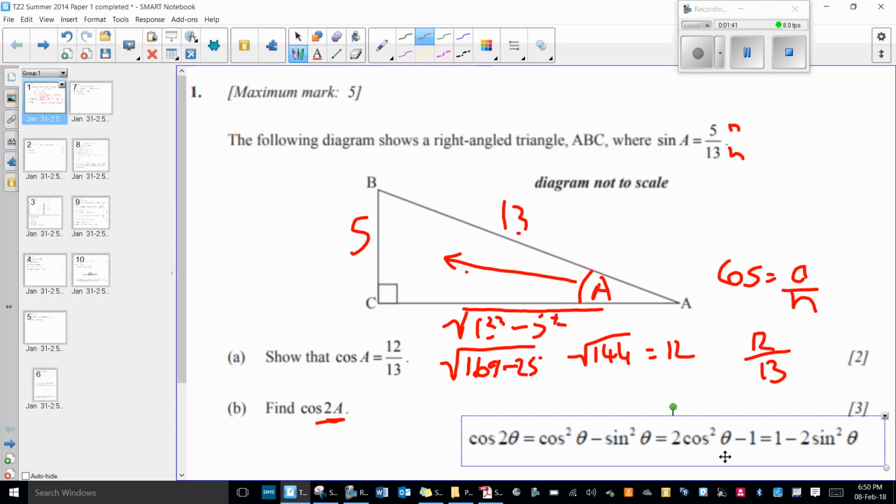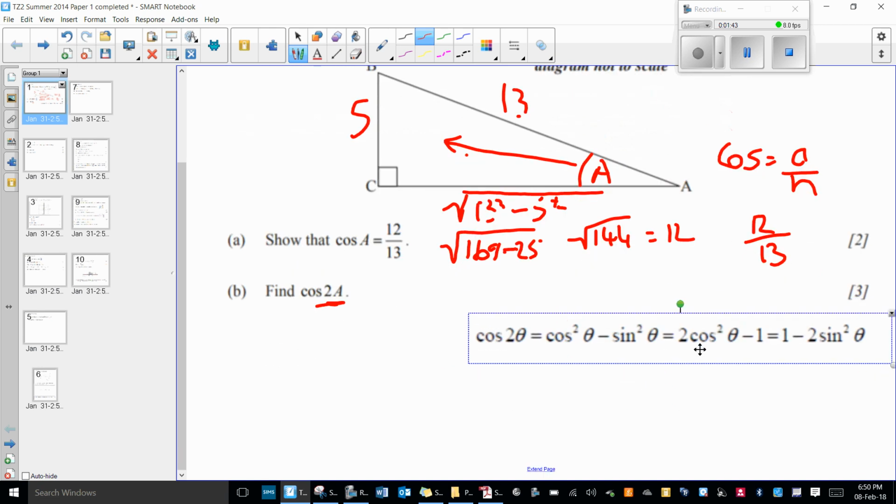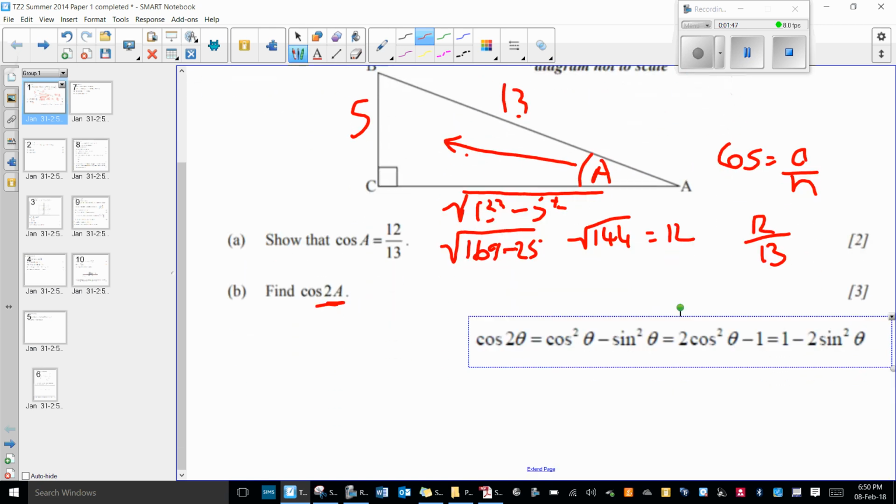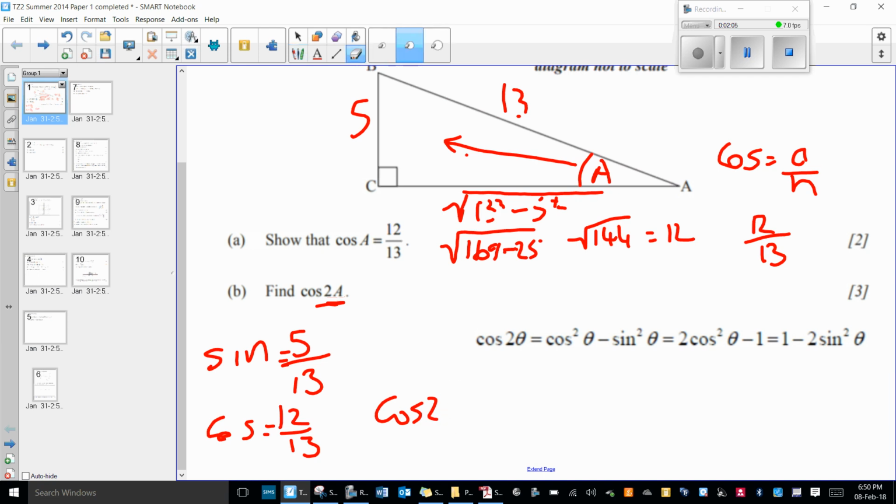So we know that sine is 5 over 13 and cos is 12 over 13. So we know that cos 2A equals, it doesn't matter which one we use, may as well use this first one.